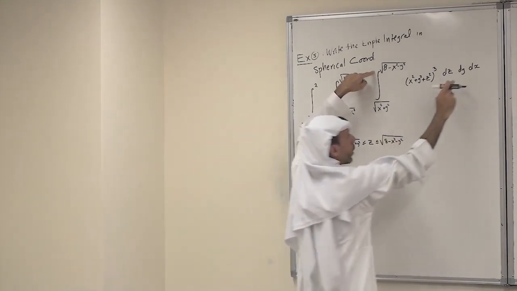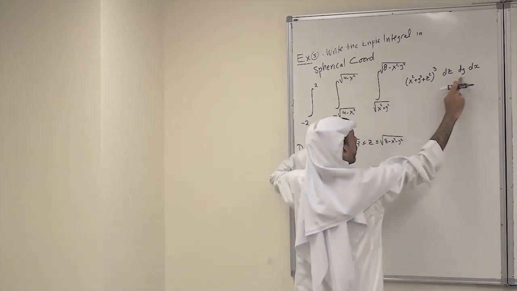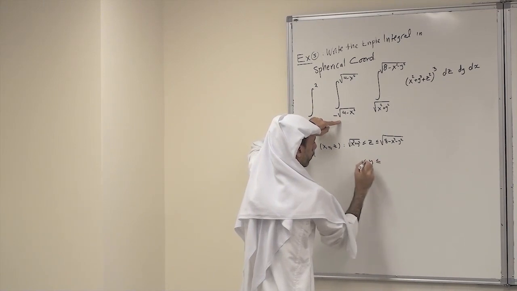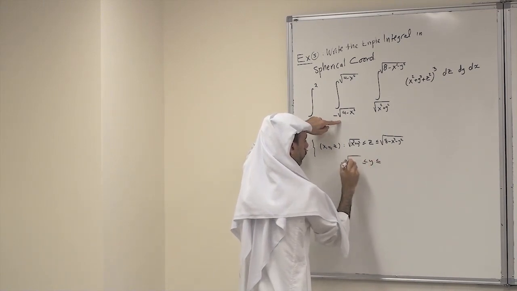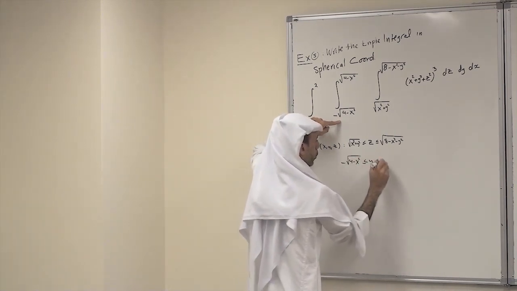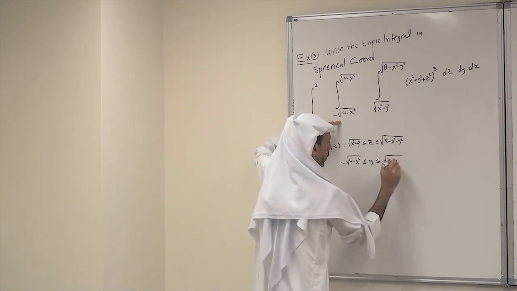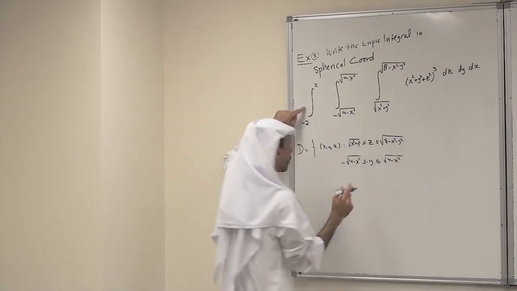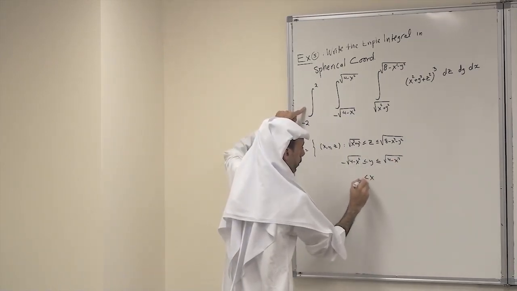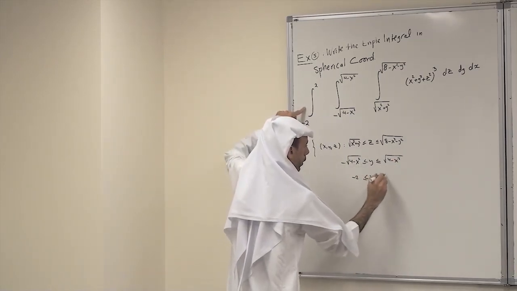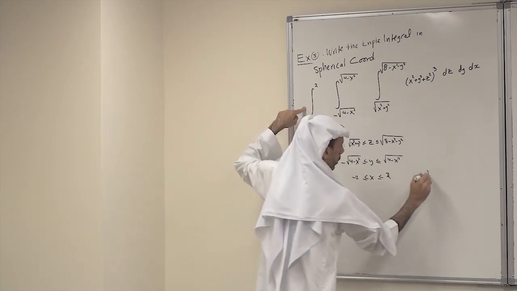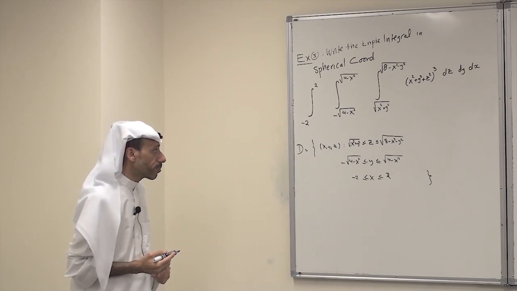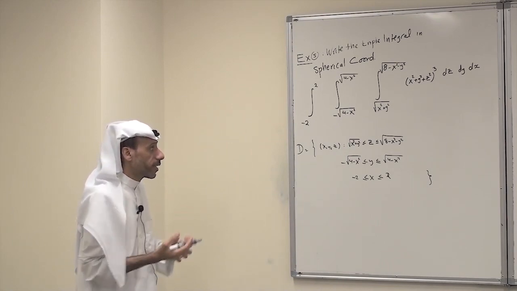What are the limits of y? The limits of y come from the middle integral. So y is between minus root 4 minus x squared and root 4 minus x squared. And the limits of x come from the outer integral, x between minus 2 and 2. So this is the solid. Well, what is really this solid?